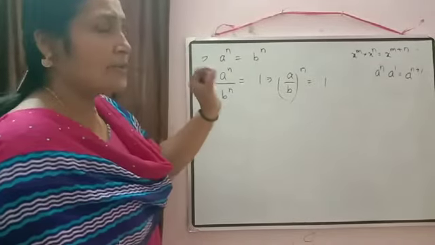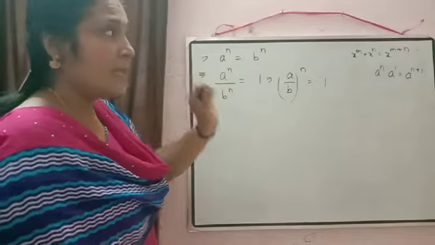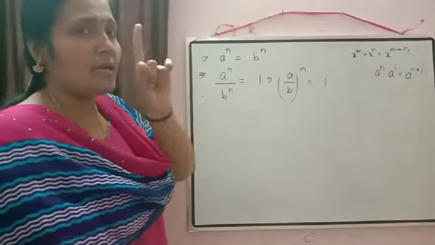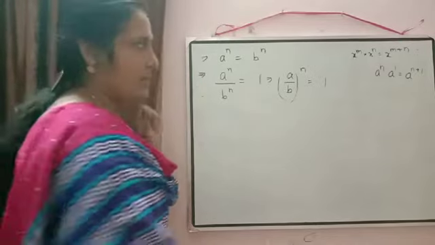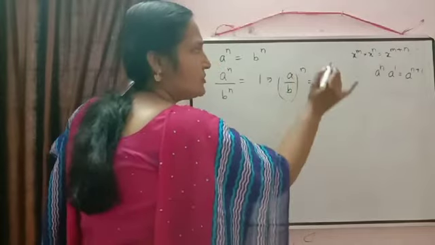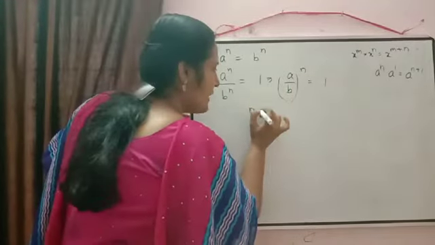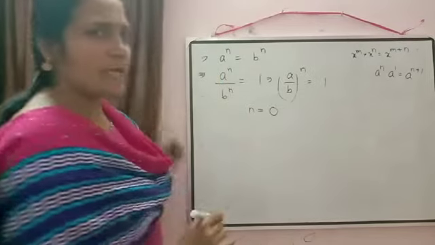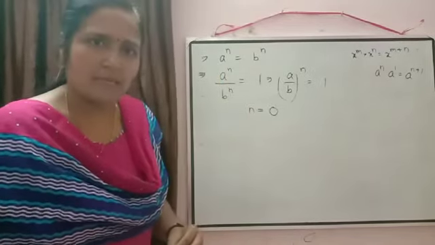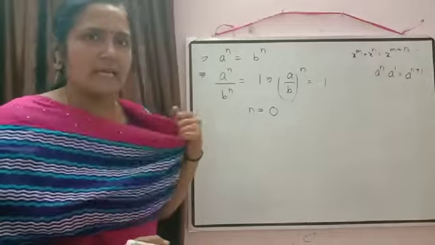Yes, any number raised to 0 only equal to 1 there. So any number raised to 0 only will give you the value 1. So what should be the value of n? Yes, n should be equal to 0. I think this question is clear.